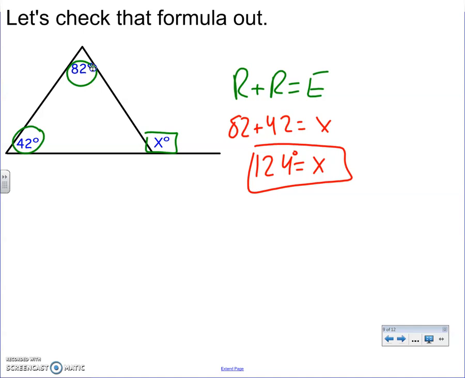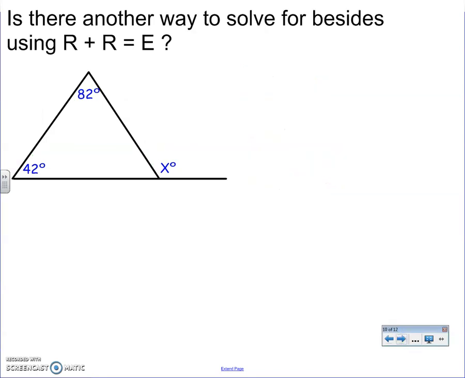All right, but is there another way we could solve for X besides using R plus R equals E? The answer is yes. Notice, inside this triangle, we know 2 of the angles. We know 42 degrees and 82 degrees. We can find this missing angle, we'll call it Y. I can't call it X, X is outside. We can do triangle sum. So angle plus angle plus angle equals 180.